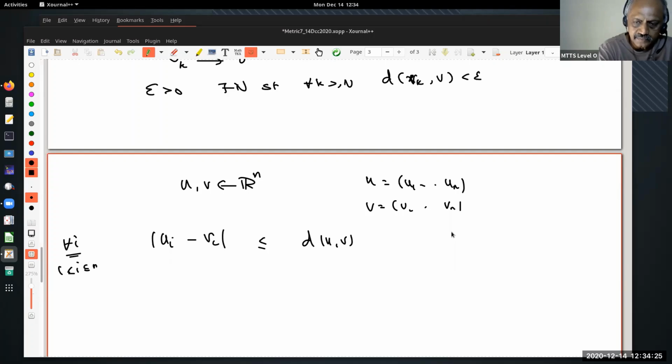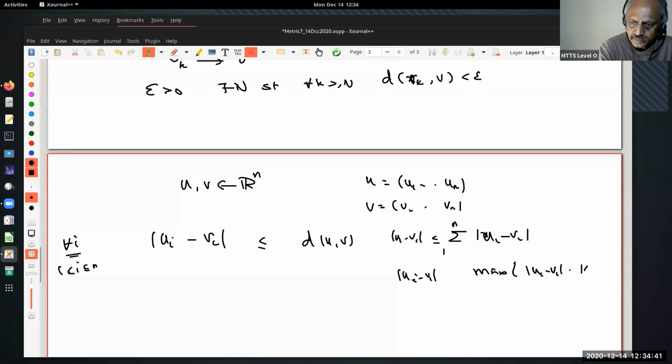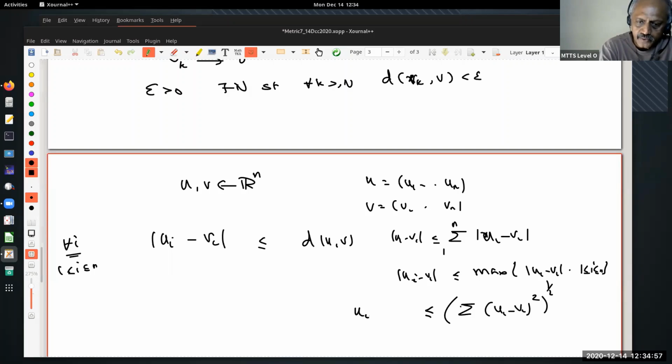Because either the distance is the sum of mod ui minus vi from 1 to n, therefore mod ui minus vi is less than or equal to this. Or it is the maximum of mod ui minus vi, with the maximum running from 1 to n. Therefore in that case also it holds. Or the distance is the summation of mod ui minus vi whole squared, to the power half. But this is greater than or equal to mod ui minus vi whole squared to the power half, which is equal to mod ui minus vi.